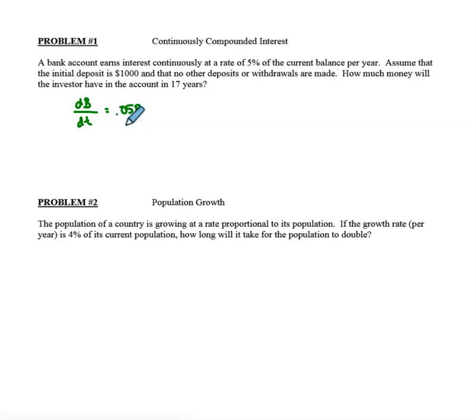Now I could go through separate, integrate, and solve, but what I learned already on the prior video is that my bank account will equal the initial value times e raised to my constant of proportionality times t. And they're telling me that my initial value is 1,000, so I have B equals 1,000 e to the 0.05t, and they're asking me how much is left in 17 years.